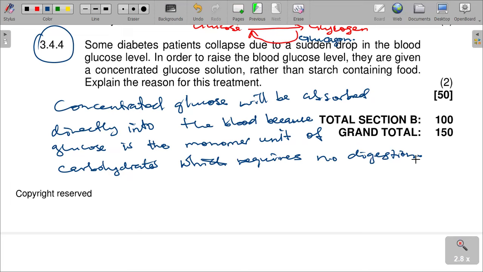That is one thing that you need to understand with regard to that question.